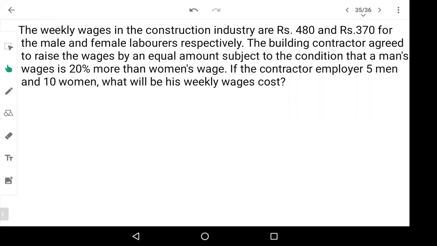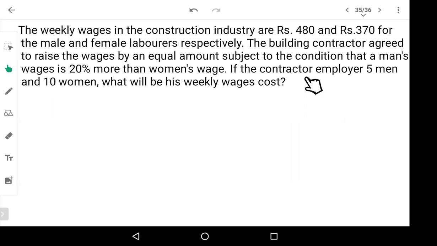The building contractor agreed to raise the wages by an equal amount subject to the condition that a man's wages is 20% more than women's wages. So there is a difference of 20% between both the wages.